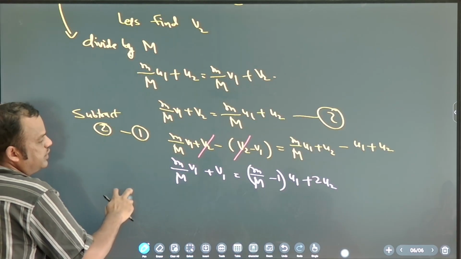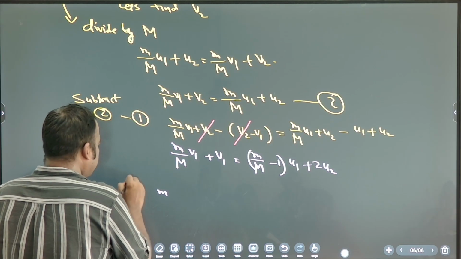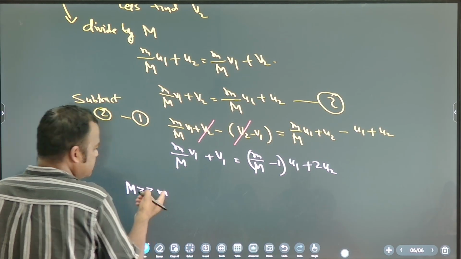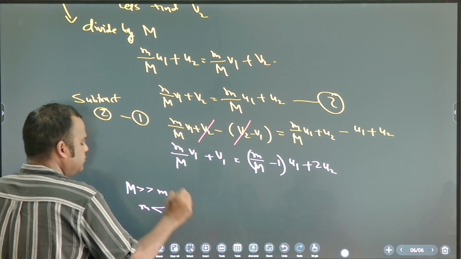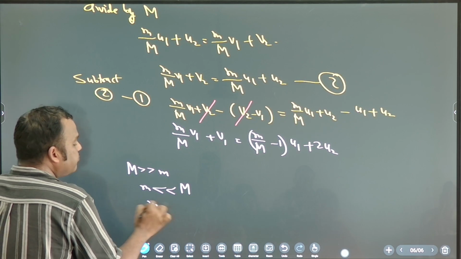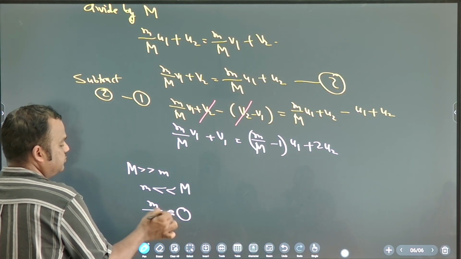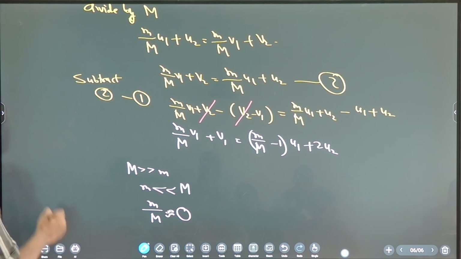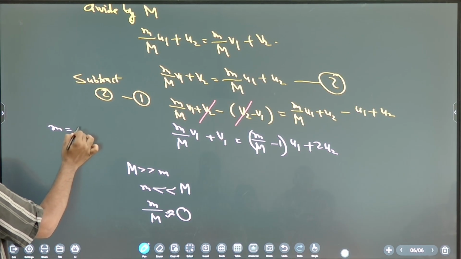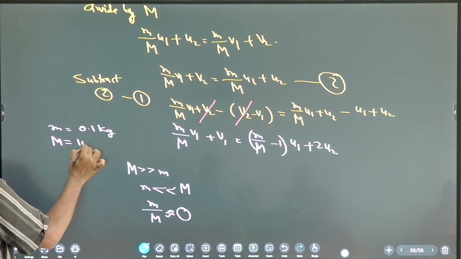Now you see, capital M is very, very greater than small m, so m is very, very less than capital M. So small m by capital M can be taken as nearly 0. For example, m is 0.1 kg and capital M is 100 kg.